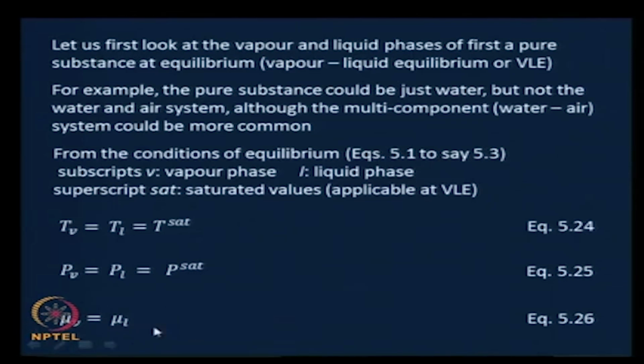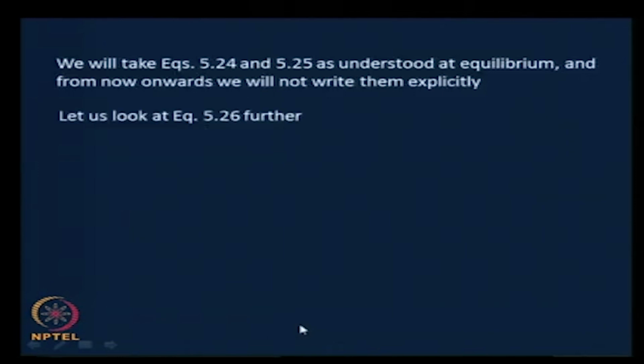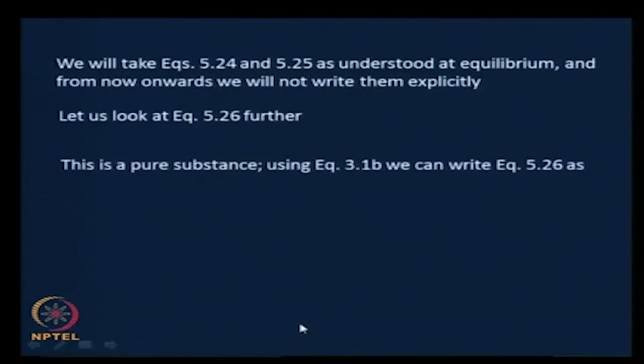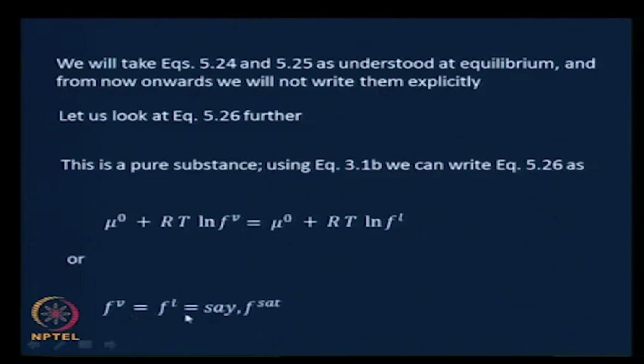We looked at this particular equation further, and using the definitions of the chemical potential in terms of fugacity that we had given in module 3, we wrote mu naught plus RT ln Fv for mu V equals mu naught plus RT ln Fl for mu L, and we could see that the fugacities are equal for the pure substance in the vapor and liquid phases.